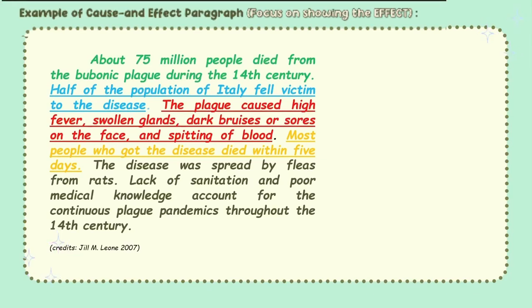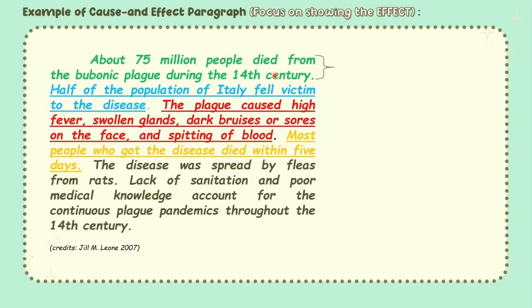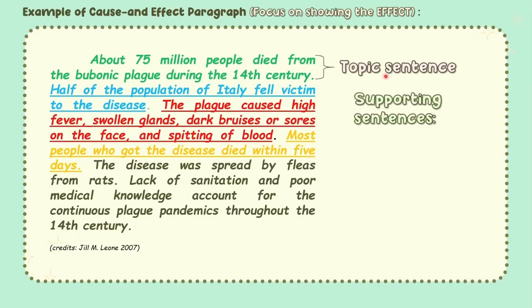The format: about 75 million people died from the bubonic plague during the 14th century. Ito ang ating topic sentence. And after giving the topic sentence, ibinigay na ang mga supporting sentences. Dahil ang focus nito is to show the effect, nagbigay ng mga list ng effects.